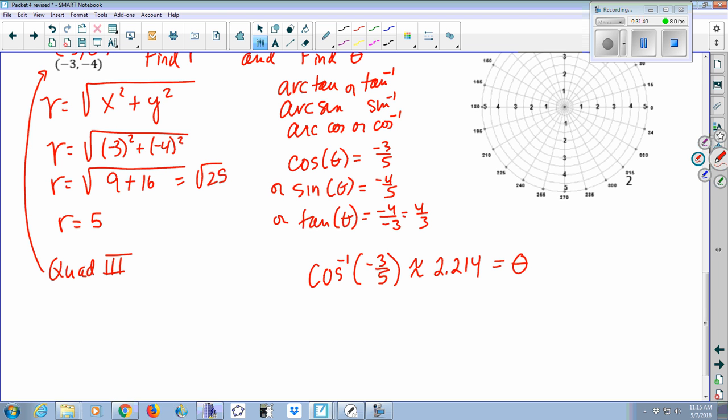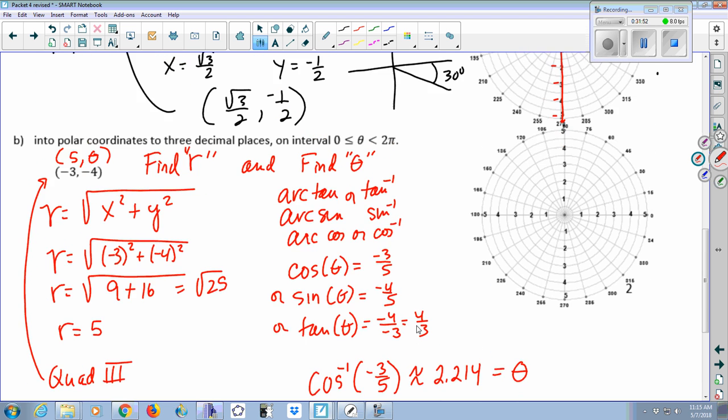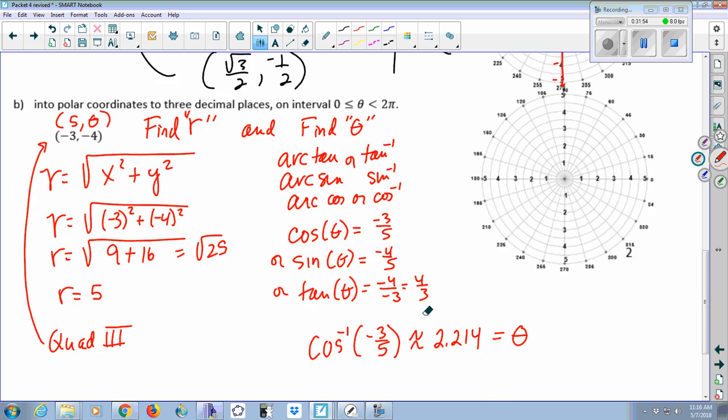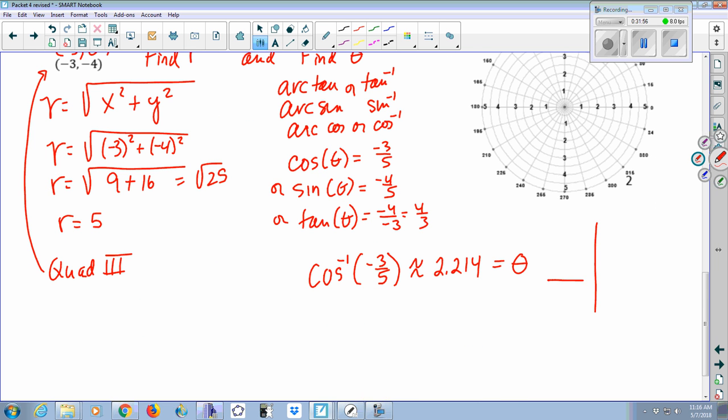Where is this located? An angle that has a theta value of 2.214 radians. Second quadrant. Okay, because the first quadrant goes from 0 radians to pi over 2, which is roughly 1.57 radians.